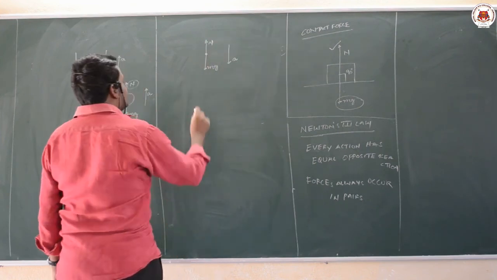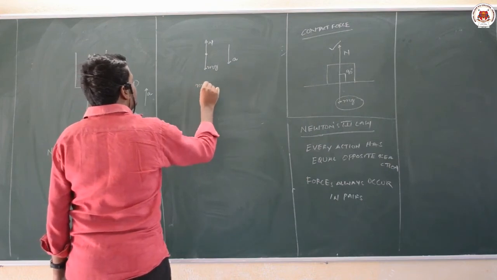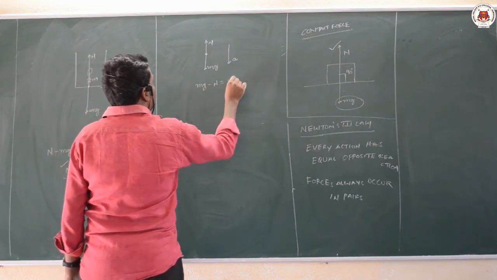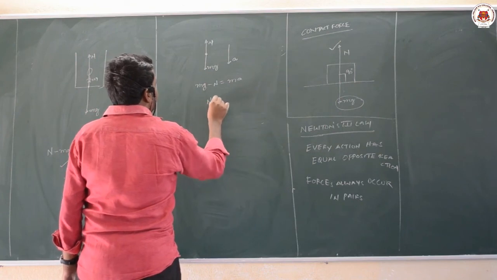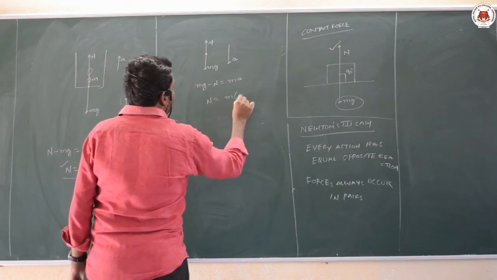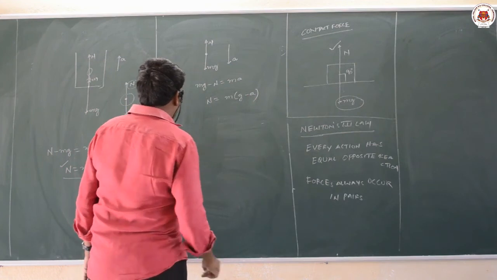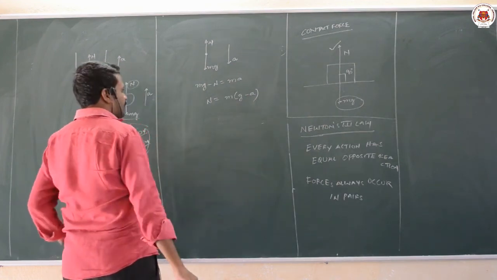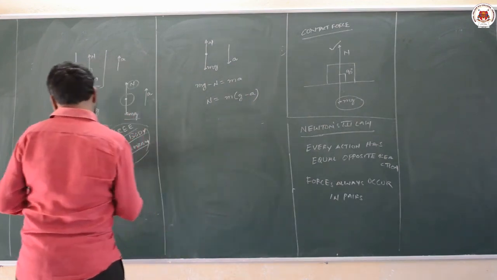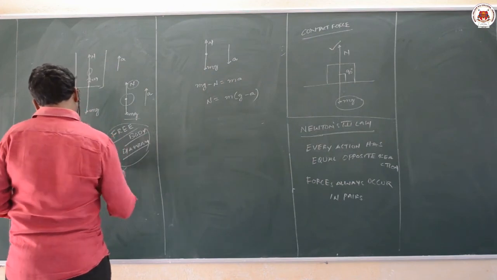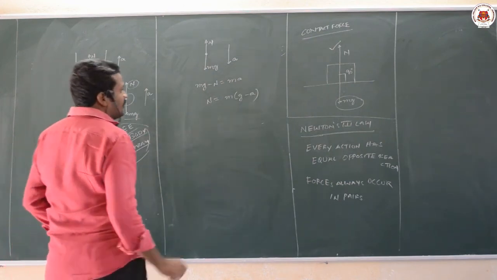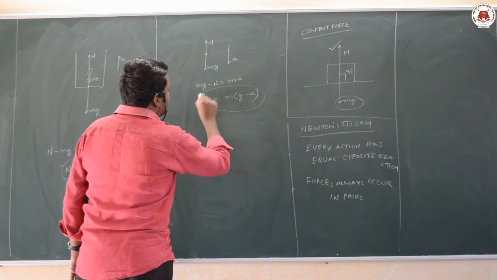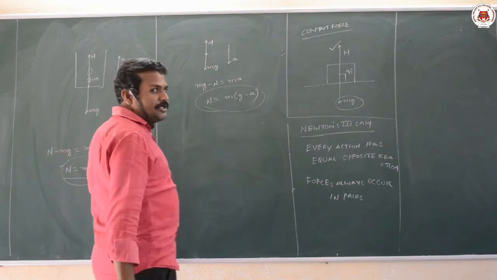In this case, you can write mg minus N is equal to ma. Therefore, N is equal to m into (g minus a). So the weight of the person is more when he is moving upwards in a lift, and the weight of the person decreases when he is moving downwards in a lift.